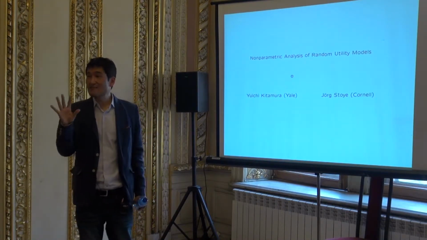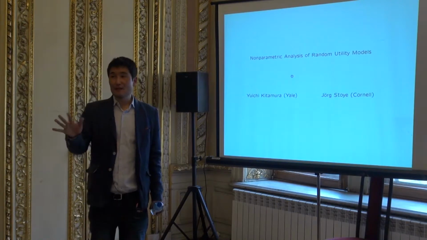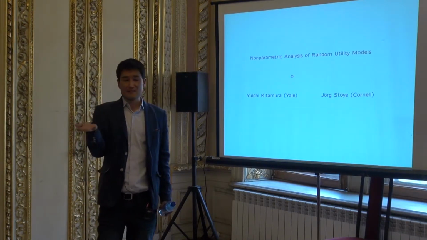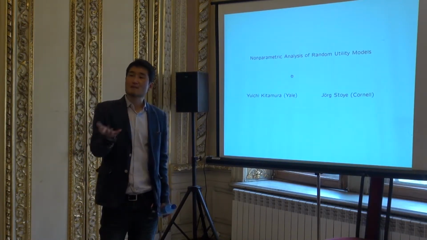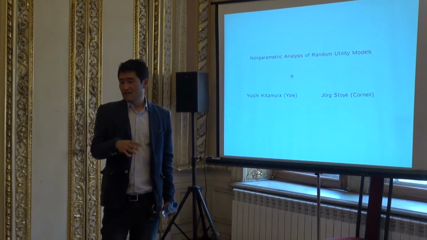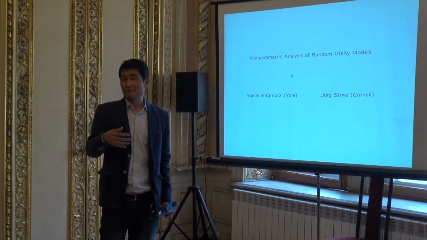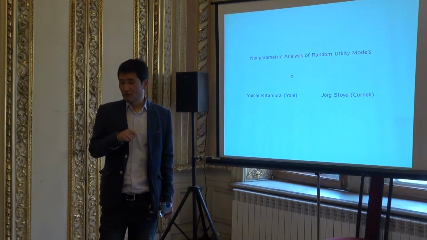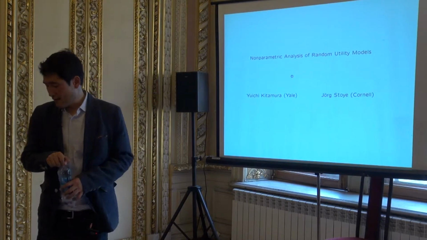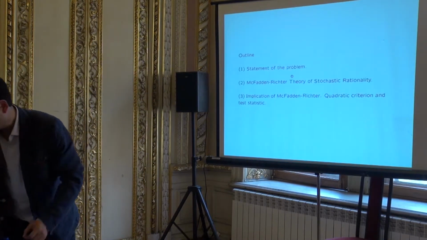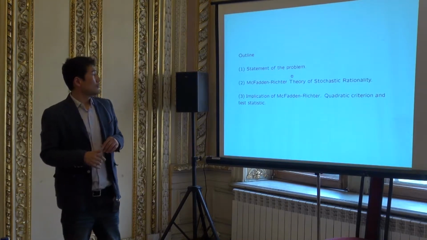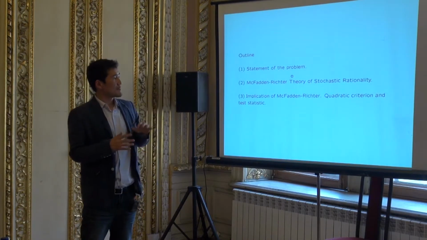We're going to have some discussion on the statistical method, and then we have some applications, some simulation results, and then I'm going to conclude. That's the paper. I'm going to state the problem later.